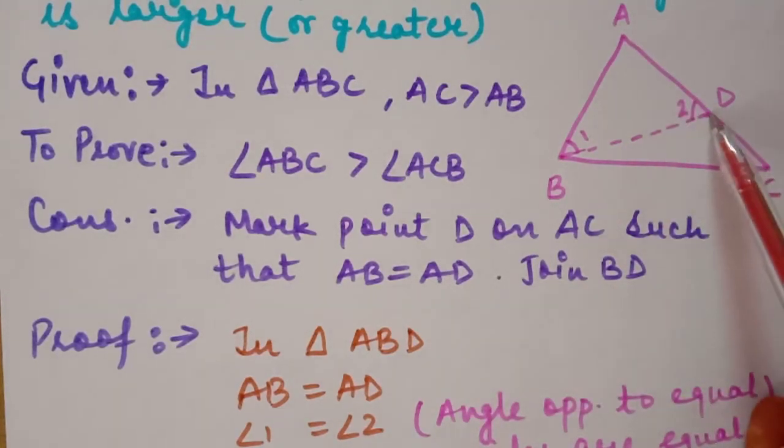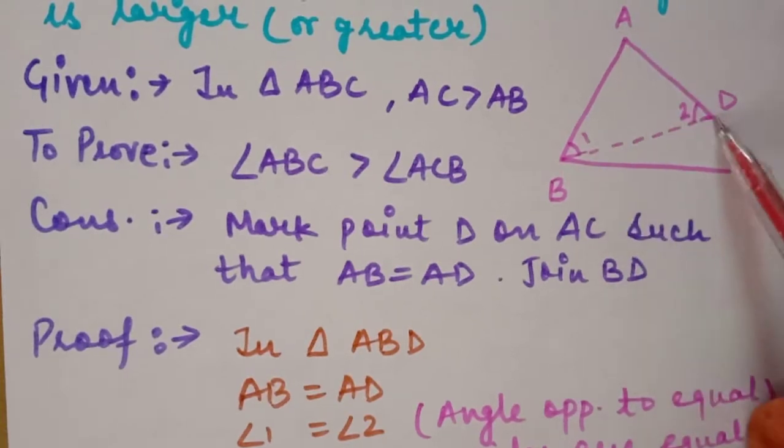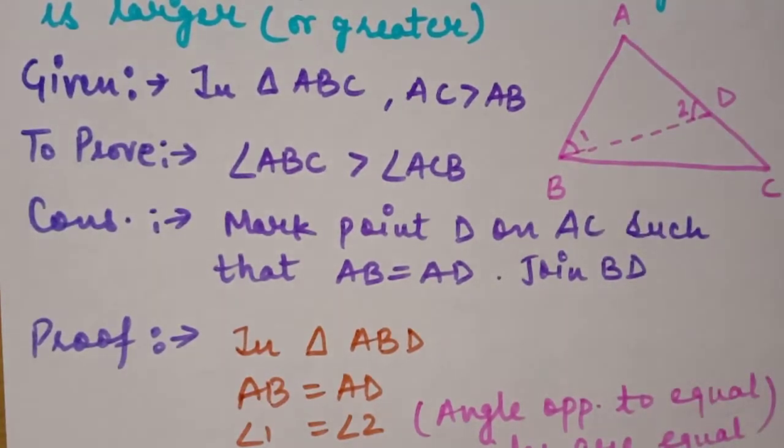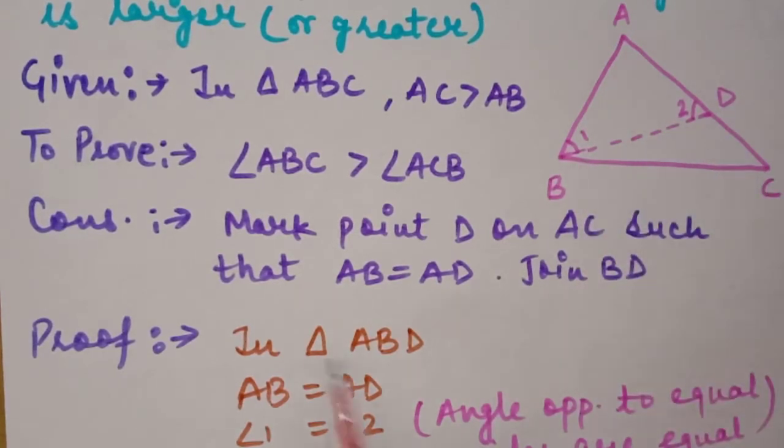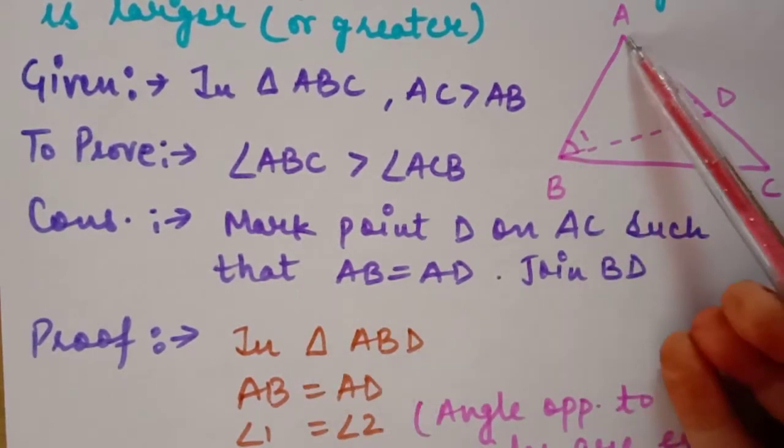So we will mark a point D on AC such that AB and AD are equal to each other. So students, this is your construction. Join BD.